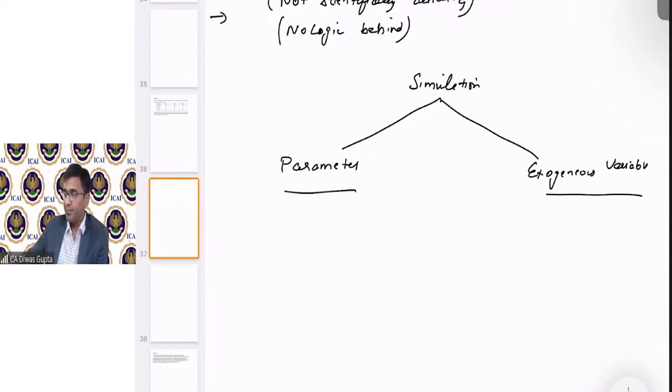For example, if I read the definition given in the study material, it says that parameters are input variables specified by the decision maker and held constant over all the simulation runs. For example, I was telling about the discount rate.